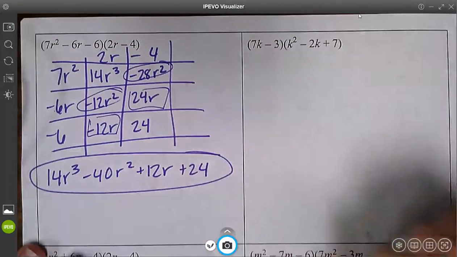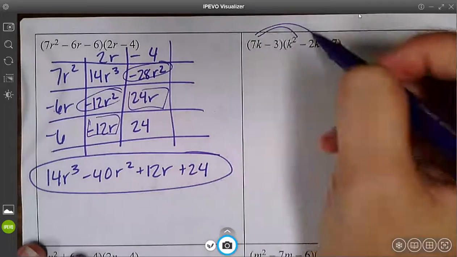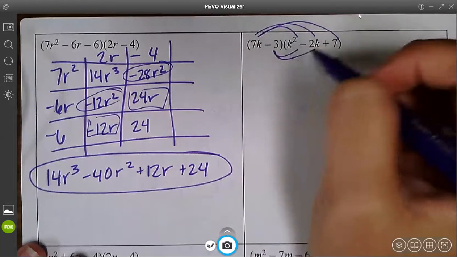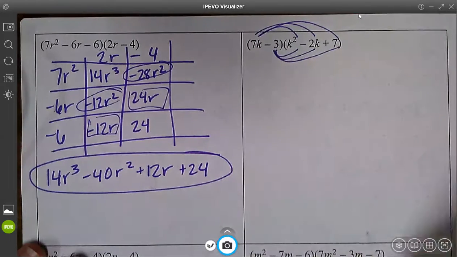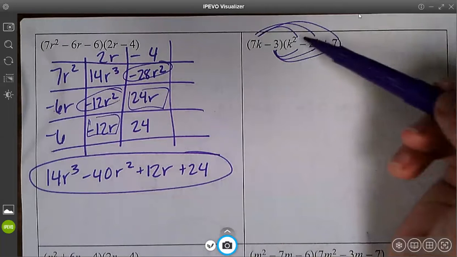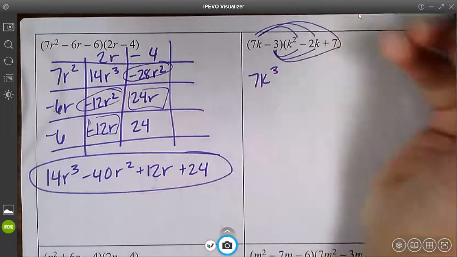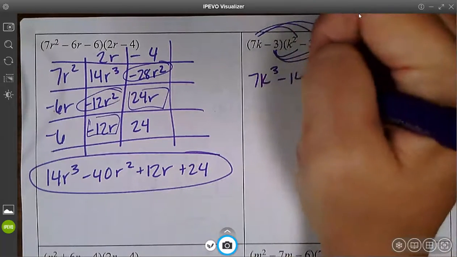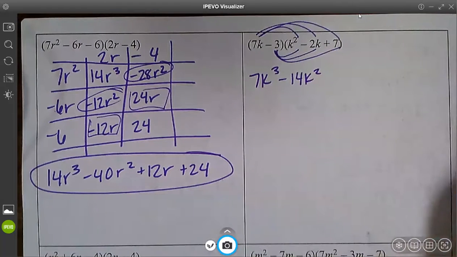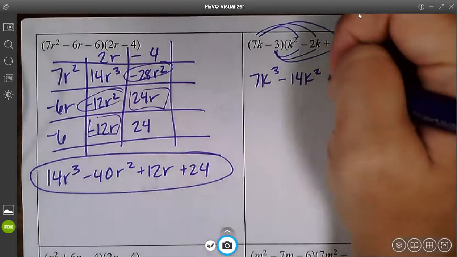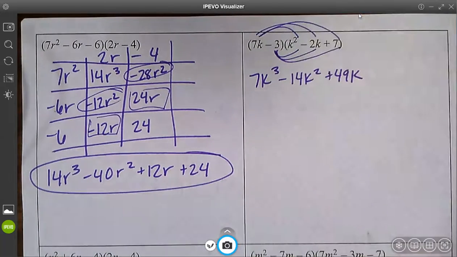So if you like this, please continue to do it that way, or you can do the distributing. 7k times k squared is 7k cubed. Then you get negative 14k squared, taking your 7k in, and 49k.